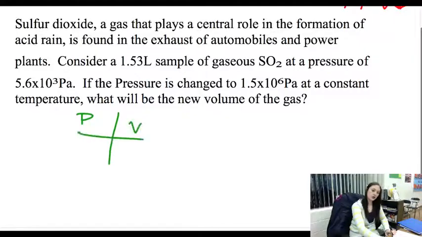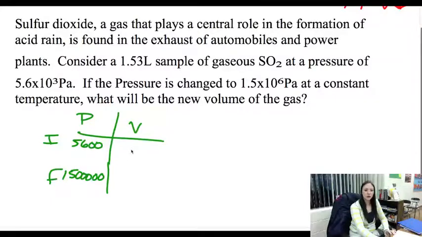The only two things I'm looking at here are pressure and volume. Remember we did these charts last year. We've got the initial and then I've got my final. Initially we've got 5,600 pascals. Finally, I have 1.5 million. My volume starts out as 1.5 liters, and I want to know my final volume. Since my pressure is going up, my volume needs to go down.